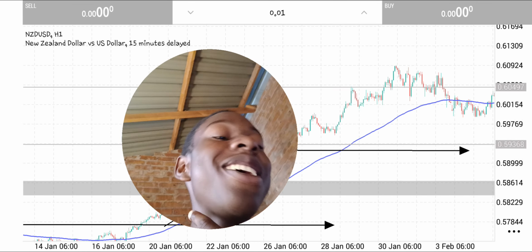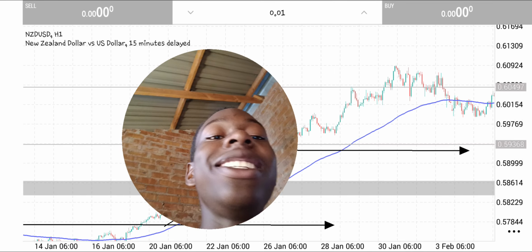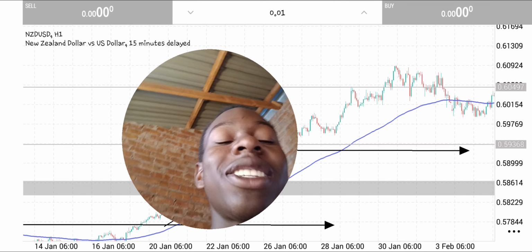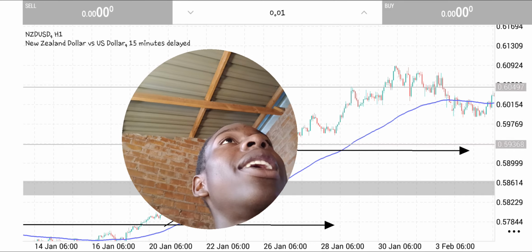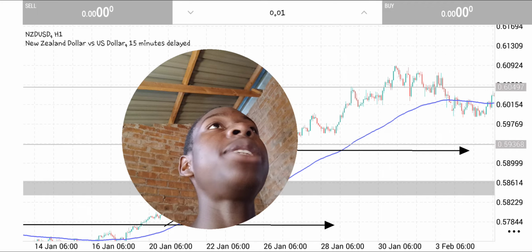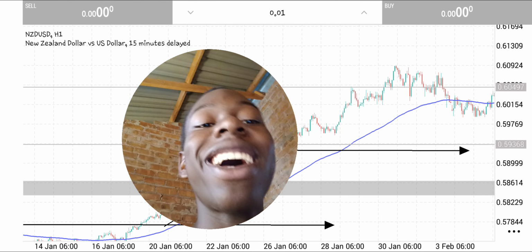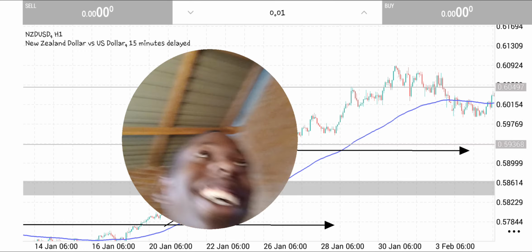Because let me tell you something. Have you ever seen a scenario whereby your take profit is simply the most sensitive zone the price is going to get to? Because you are like, okay, I won't take my profit at this particular price point because you want it to go even higher and make you more money.